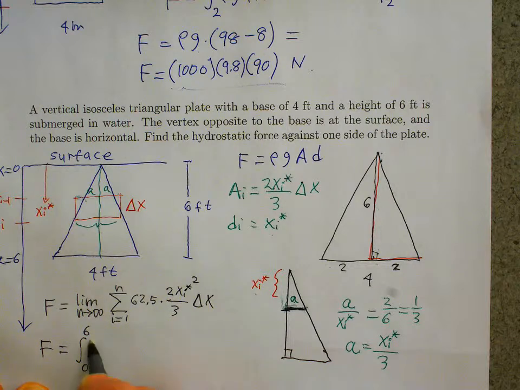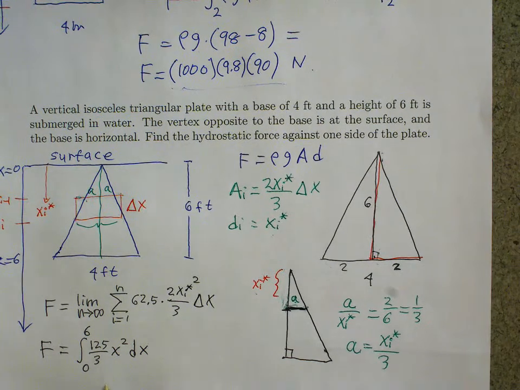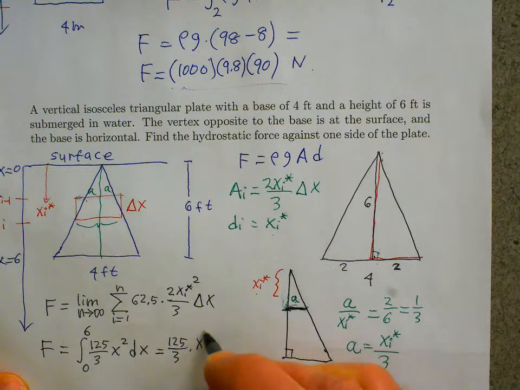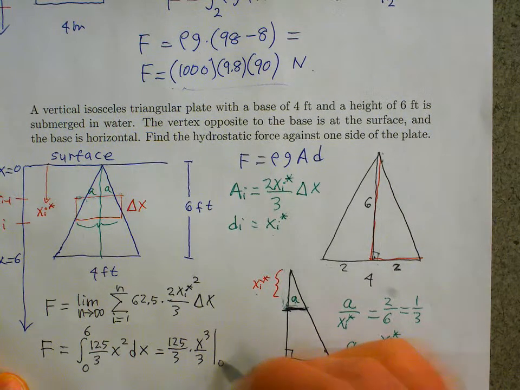So I'll have 125 over 3 times x to the second dx. This is a reasonably simple integral to evaluate. We'll take it a couple of steps further. 125 over 3 times x to the third over 3, evaluated from 0 to 6.